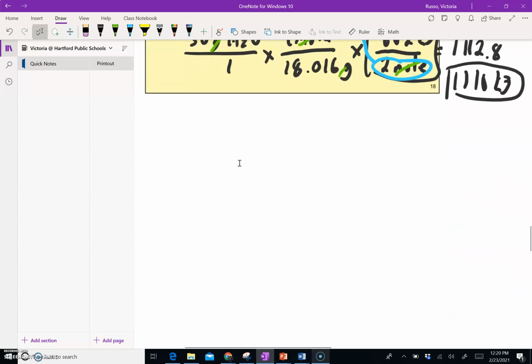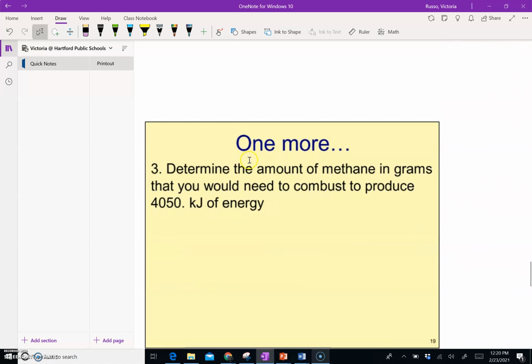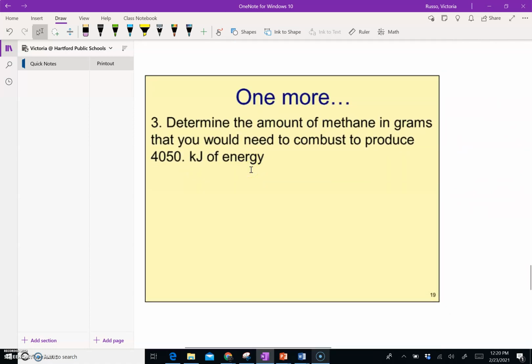But they could ask it the other way around, where it says determine the amount of methane in grams that you would need to combust to produce 450 kilojoules of energy. So you always start with what they give you: 450 kilojoules of energy over 1. We want to get rid of kilojoules and convert to moles.